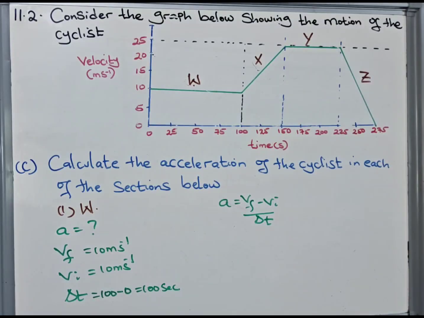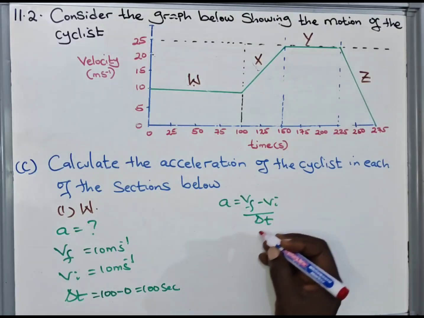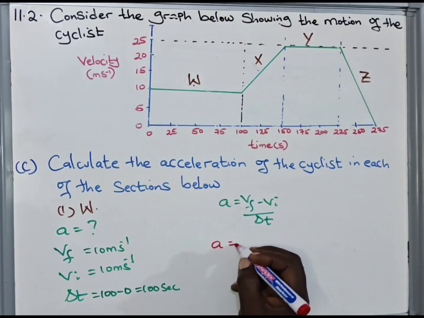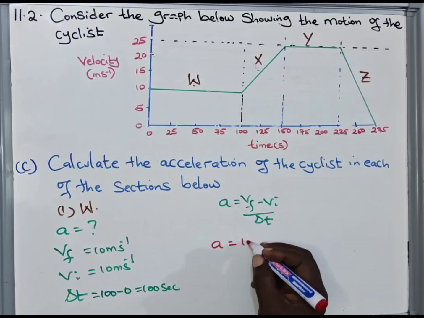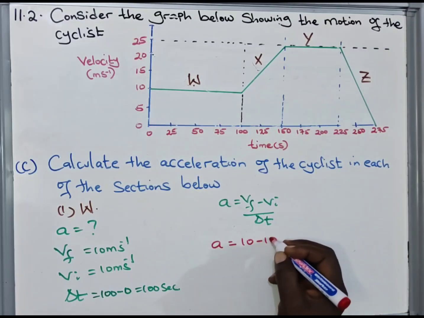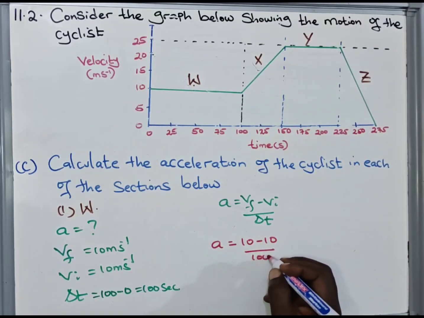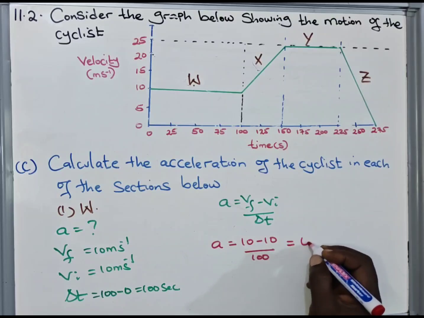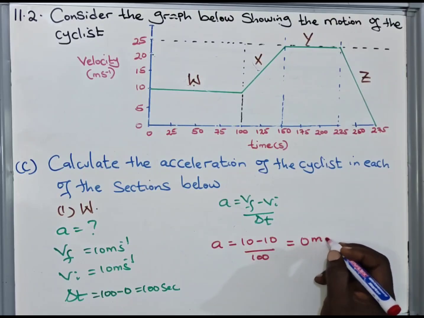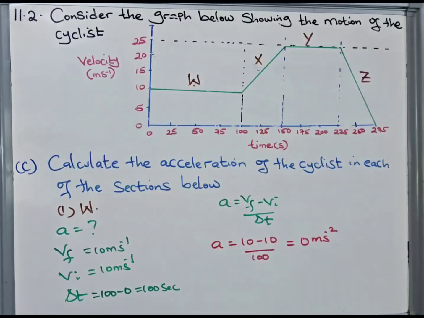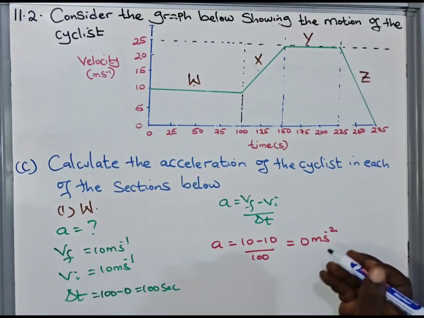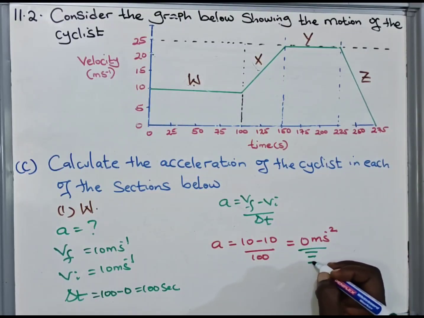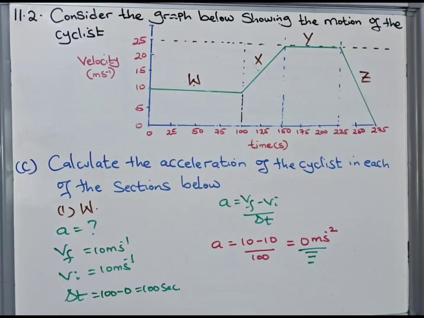So you're going to say a is equal to Vf, which is 10, minus 10, over 100. Answer is 0 meters per second squared. By now we must know that a body which is moving with uniform velocity has 0 acceleration.